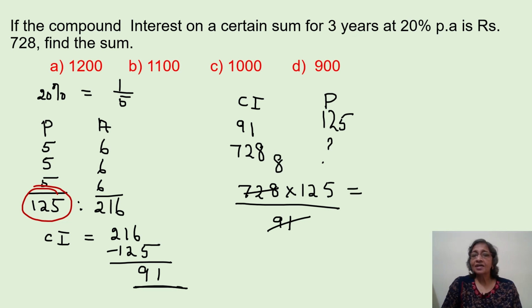So how much is our answer here? 125 into 8. That is 1000 rupees. And the correct option is the C option. Okay. Now you could have done this by any of the other methods also.